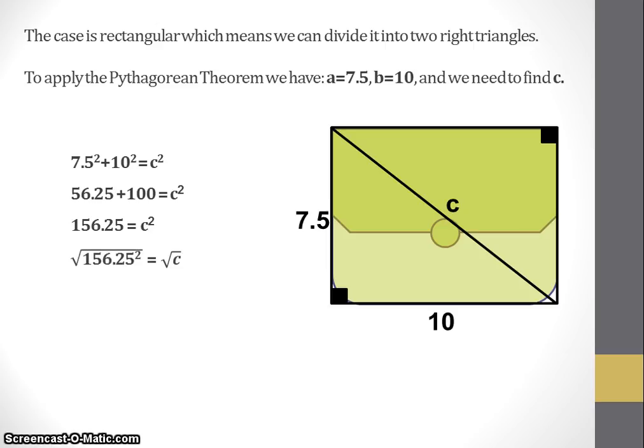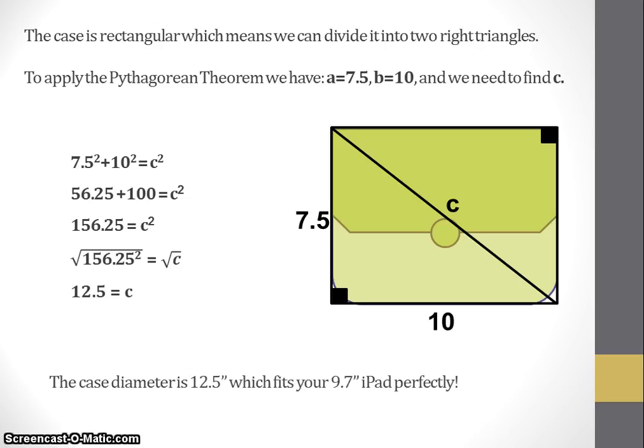We take the square root for both sides. We have c equals 12.5. So the case diagonal is 12.5 inches, which fits your 9.7 iPad perfectly.